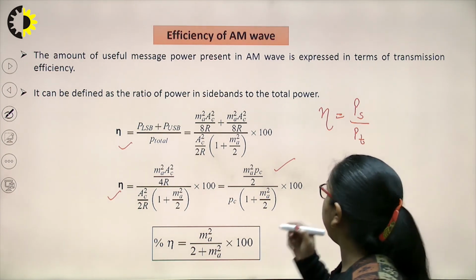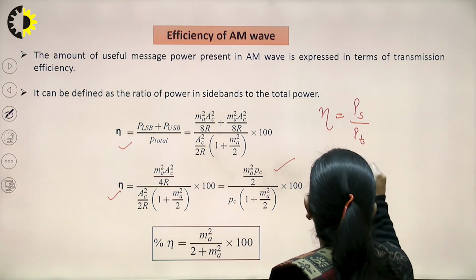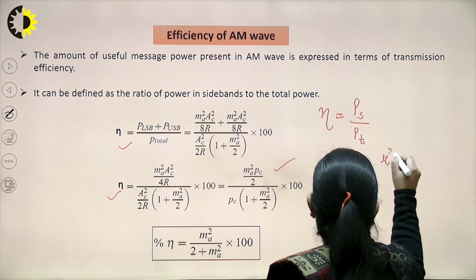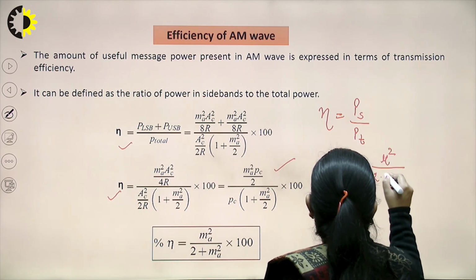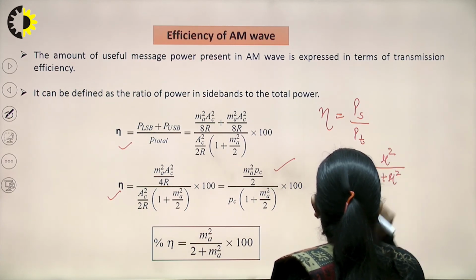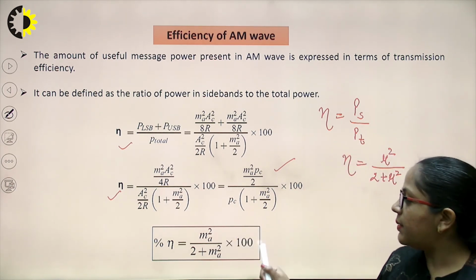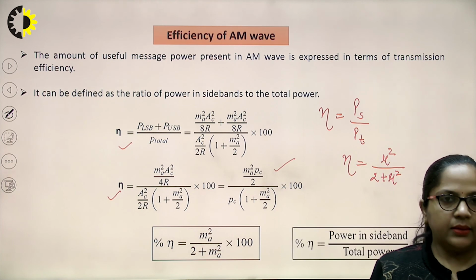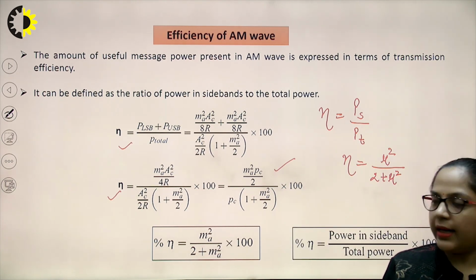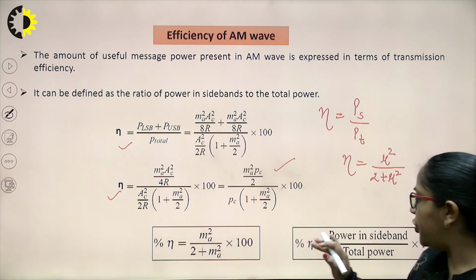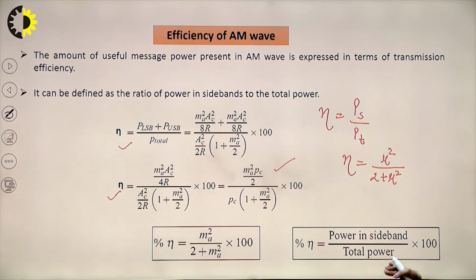So we can simply write the efficiency as the ratio of mu square divided by 2 plus mu square. Multiplying by 100 gives the percentage efficiency as the ratio of power in the sidebands to the total power, times 100.